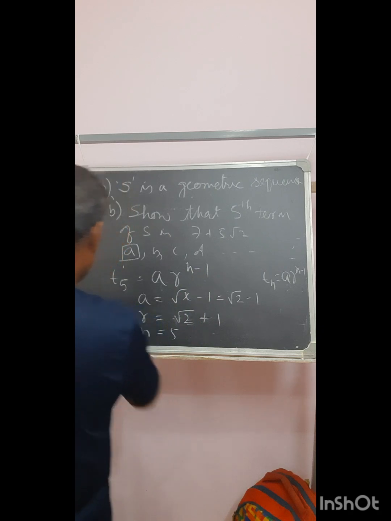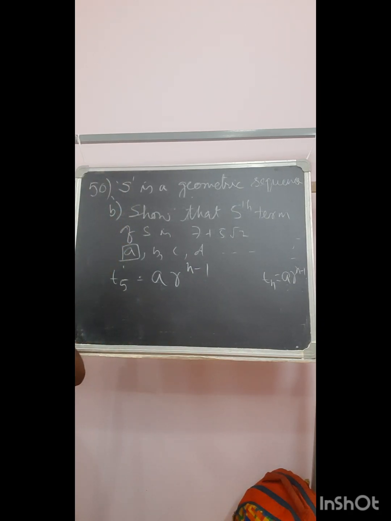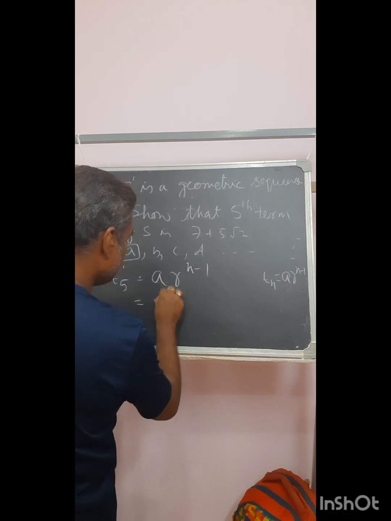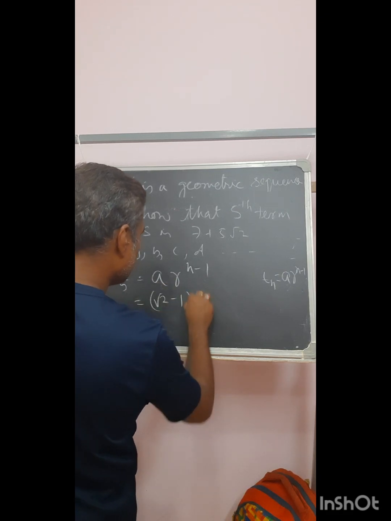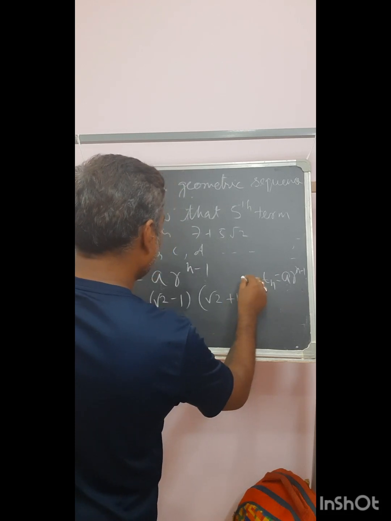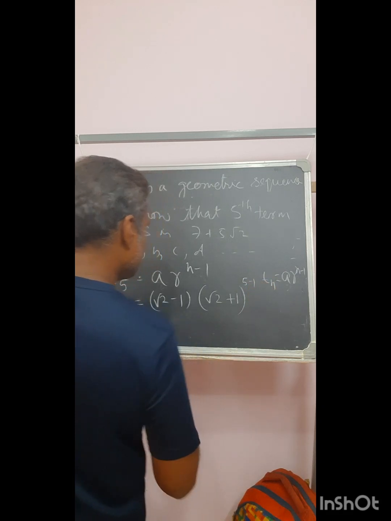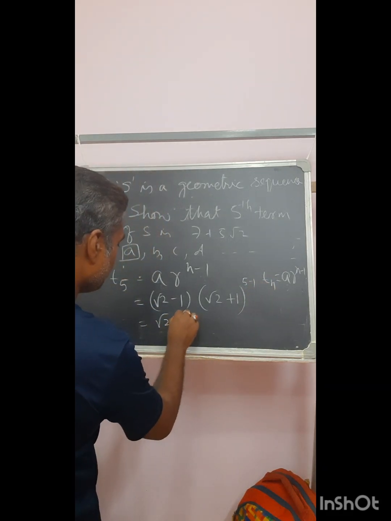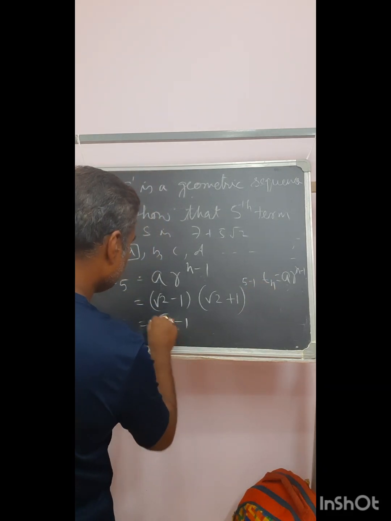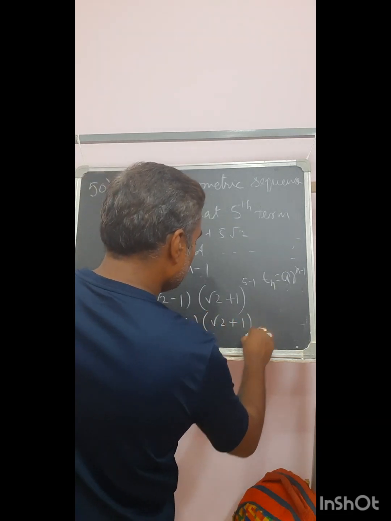If I put these values here, I will get root 2 minus 1 times root 2 plus 1 whole to the power n minus 1, means 5 minus 1, so root 2 plus 1 whole to the power 4.